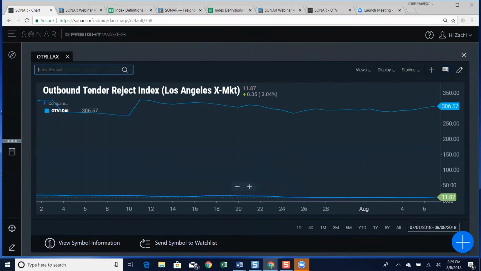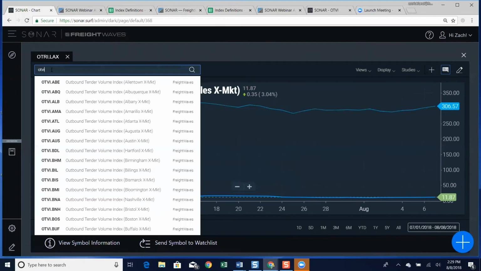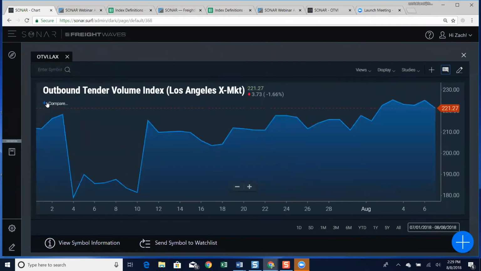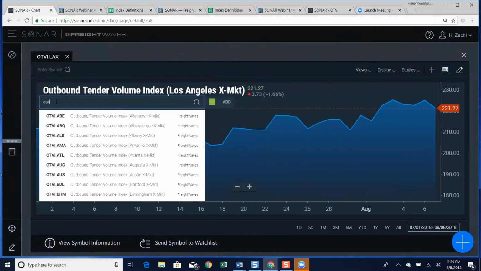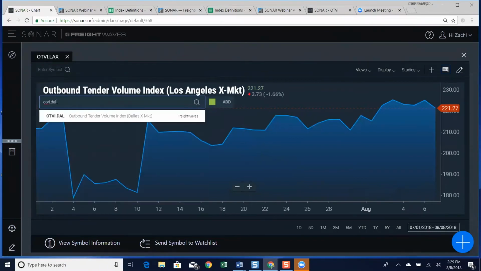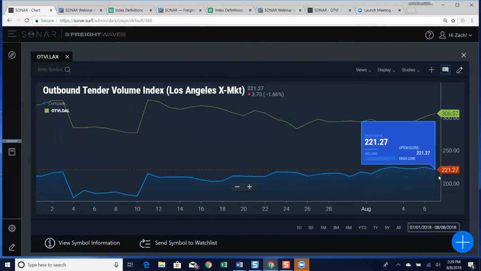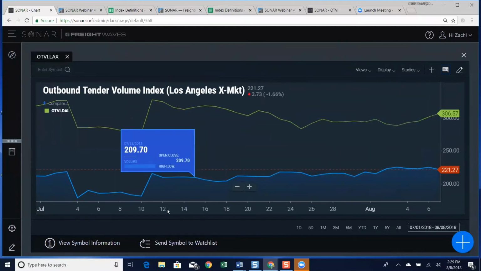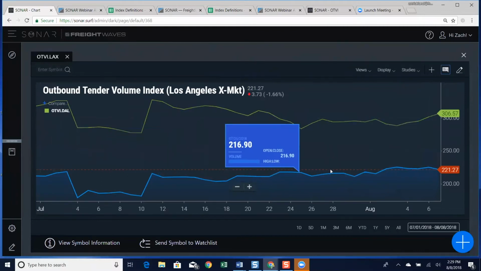Oh, I pulled up the wrong one. Let me try LAX. Let me fix that real fast. OTVI.DAL. All right. Since they are actually close and they have the same denominator, it's easier for me to compare these two values on an absolute scale. That's a good example.